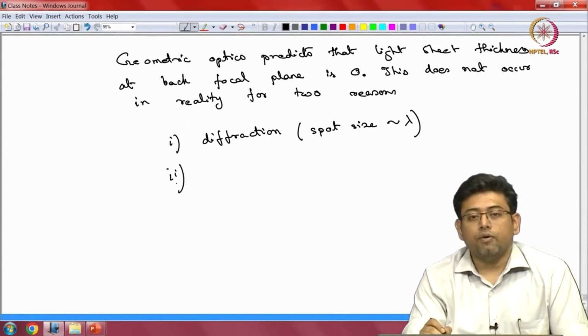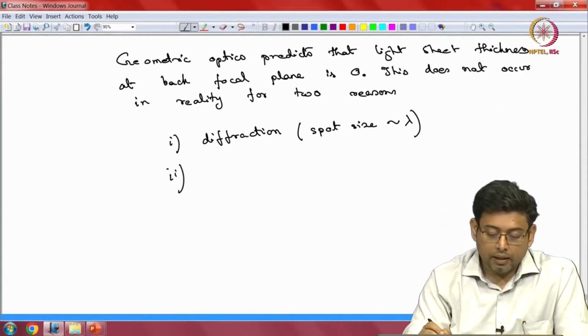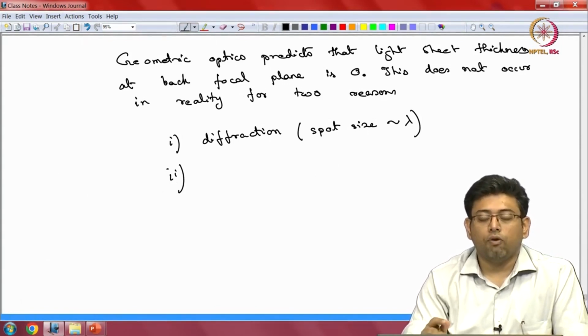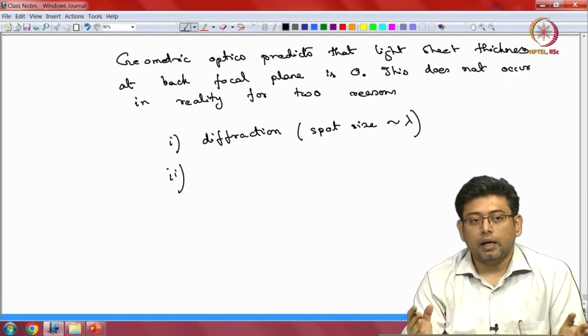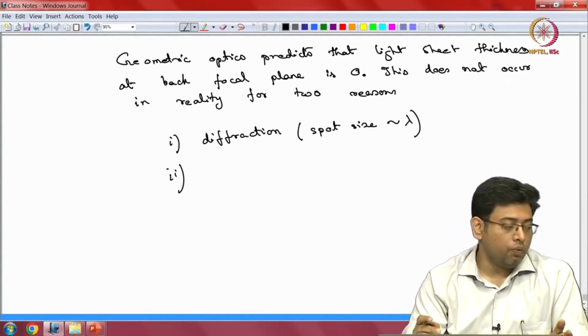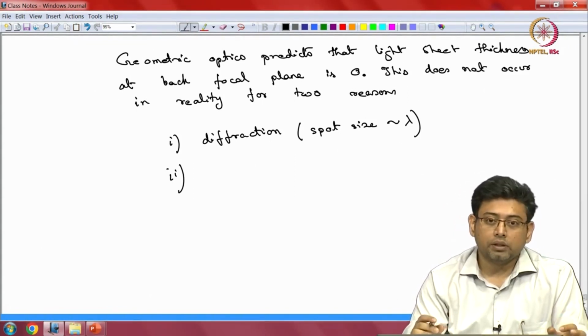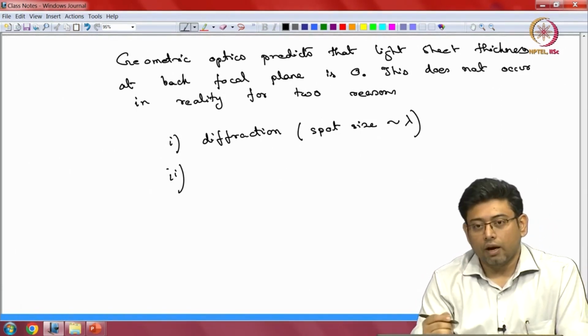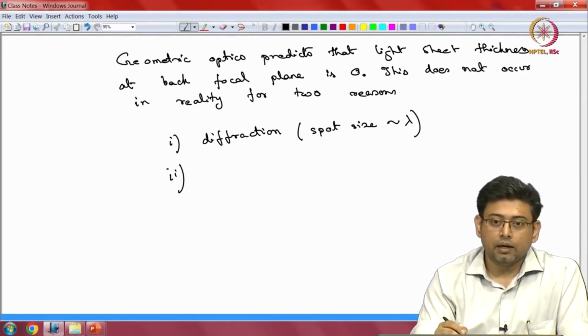So, we have to take diffraction into account, and the other portion is that in most cases the laser is formed in a laser cavity, and in a laser cavity there would be mirrors which result in a finite beam waist, and because of the finite beam waist the laser cannot be focused onto a single point.